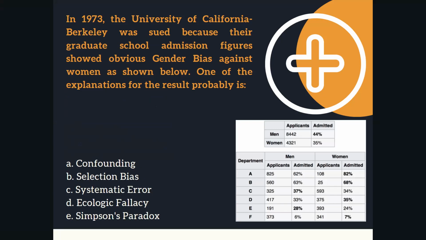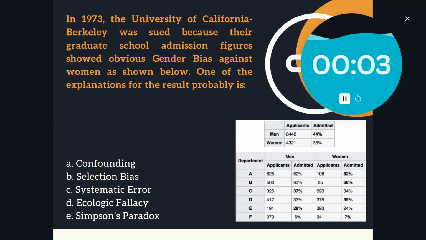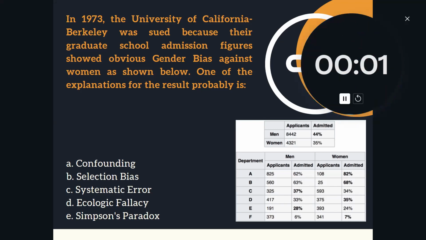The table shows 8,442 men applicants with an admitted percentage of 44, and 4,321 women applicants with an admission percentage of 35%, and department-wise data is presented. So the answer is Simpson's paradox.